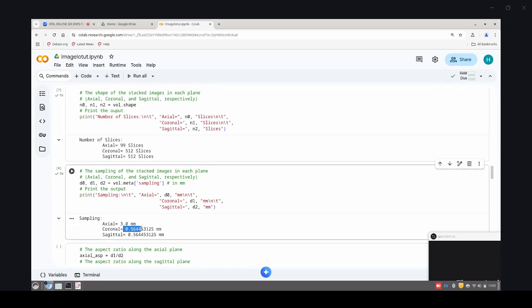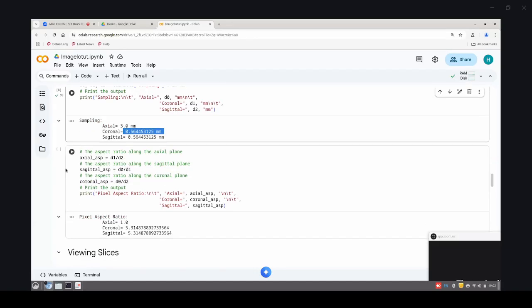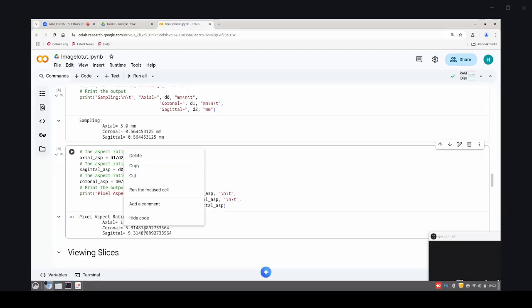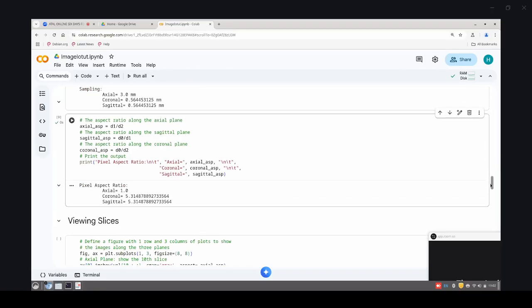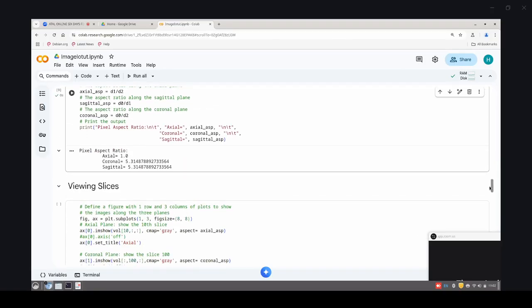For the coronal plane and sagittal plane, the slice thickness is 0.56 mm, because there are more slices, so the sampling is finer and the thickness of each slice is only around 0.56. And this is the aspect ratio: axial plane 1, and coronal plane and sagittal plane aspect ratio is 5.3. So it's a proportion of the thickness.